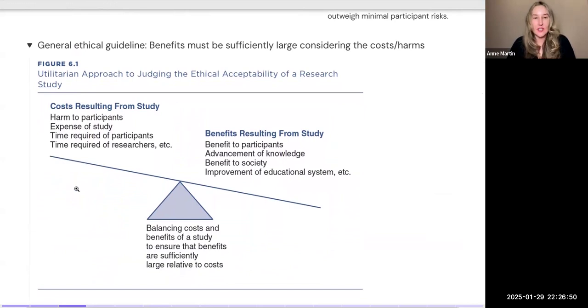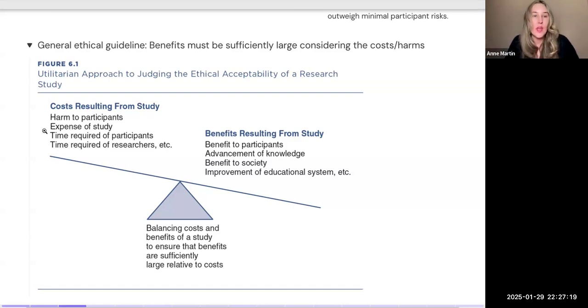Here you can see in this visual, we are balancing the benefits of the study and the costs. As you can see here, the benefits to participants, the advancement of science, knowledge, and improvement outweigh the potential harm to participants. Every study has potential harms or costs to participants. You can see some examples here. The time that participants give to participate in the study is a cost.